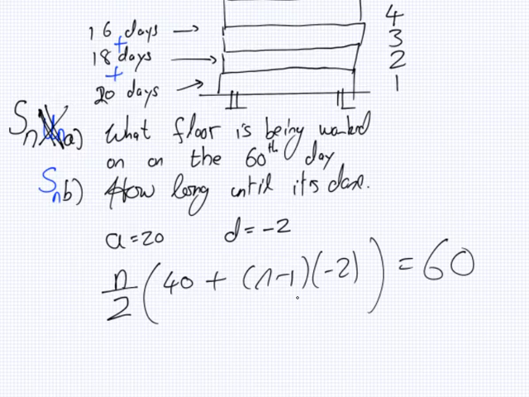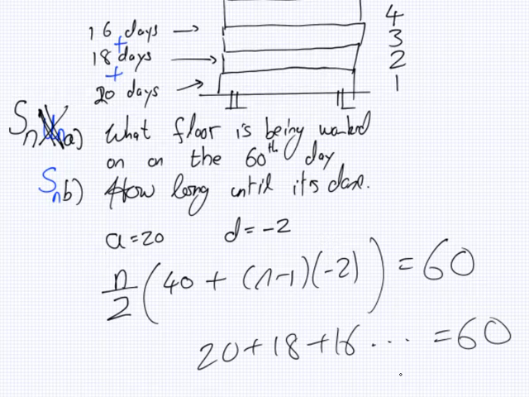For example, if the answer was 20, what's the n that adds up to 20? It's just 1. And if I have 38 days, it's 2. So we want to know how many floors to make 60 days. In other words, we're trying to figure out when we stop to get to 60 days of work.